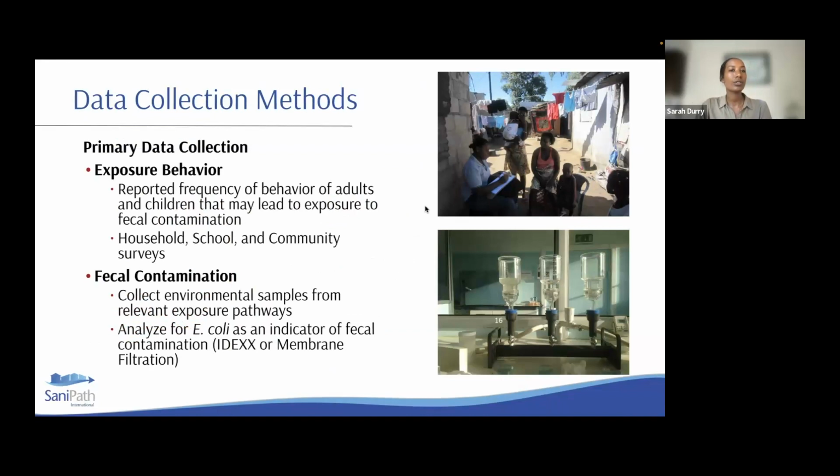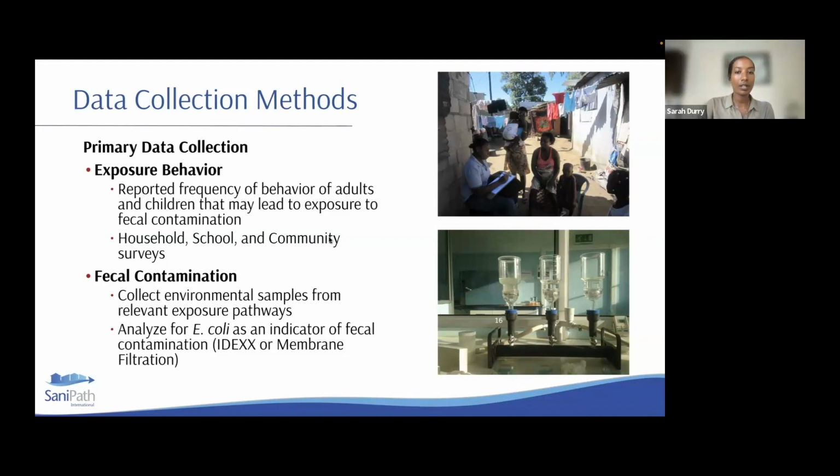So the tool collects two types of data, behavioral data and data on environmental fecal contamination. Data on behavior is collected using surveys of reported frequency of specific behaviors of adults and children that may lead to exposure to fecal contamination. For example, the type of water that people drink, the frequency of contact with open drains, or the frequency of using a public latrine.